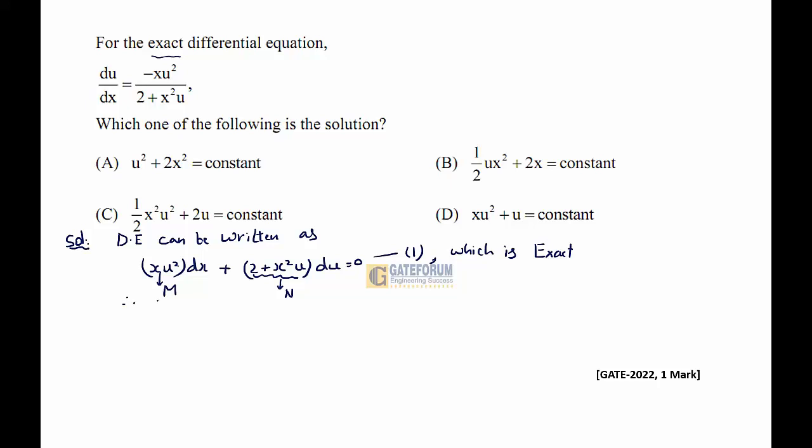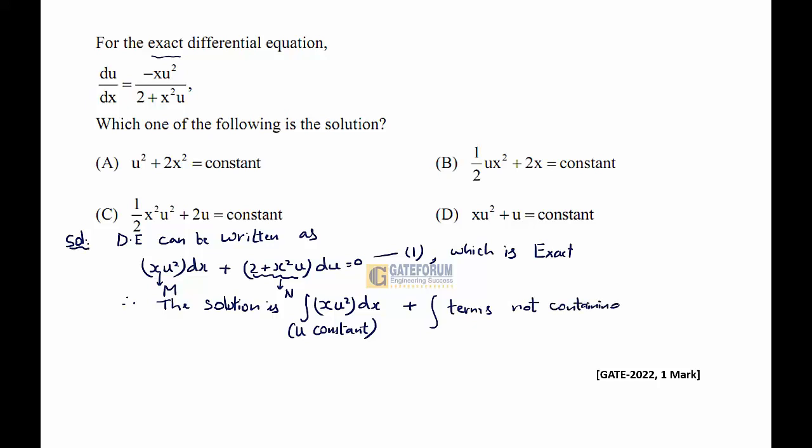Therefore, the general solution is integral M dx, that is x u square into dx, keeping the u variable constant, since instead of y variable we have u variable, plus in N collect the terms not containing x, such terms integrating with respect to y is equal to c.